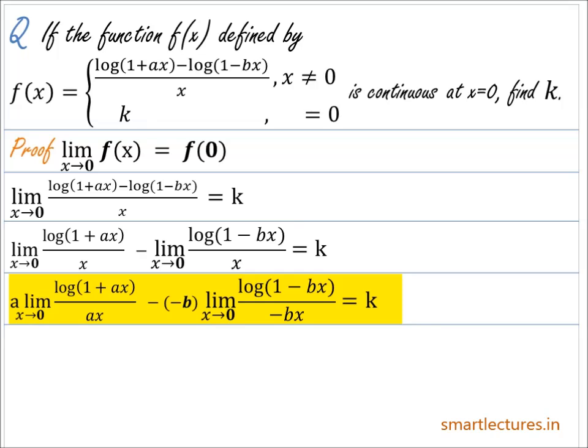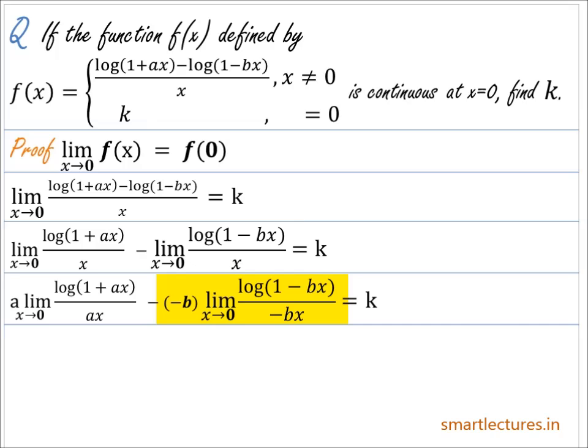Now you can see in the first part we multiplied the denominator by a and also multiplied the numerator by a. In the second part we have multiplied both numerator and denominator by minus b. And now from the definition of limits, limit x approaches 0, log of 1 plus ax upon ax is equal to 1, and also limit x approaches 0, log of 1 minus bx upon minus bx is equal to 1.